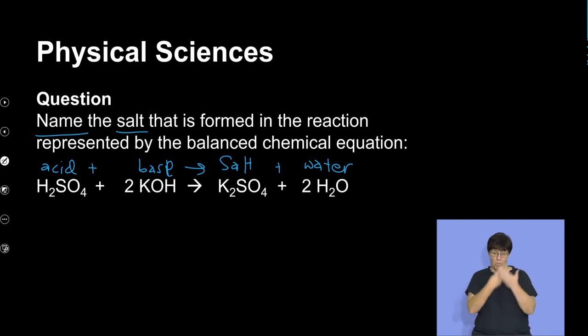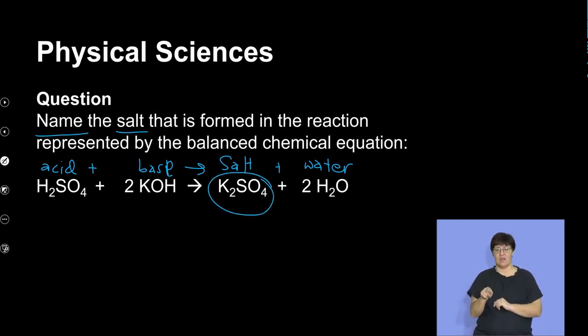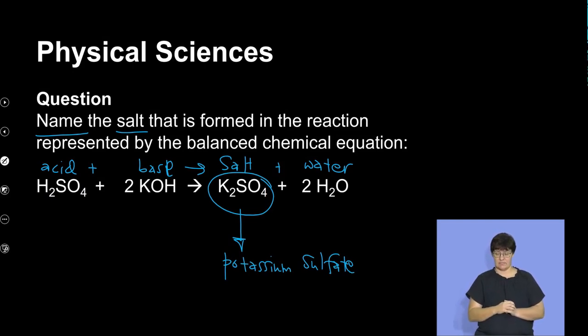In this case, we are able to identify the formula of the salt that is formed. So we go back to chemical formulae and naming compounds. Then we are expected to give the name of K2SO4. The appropriate name for this salt is potassium sulfate. Right. So that's the name of the salt that is formed.